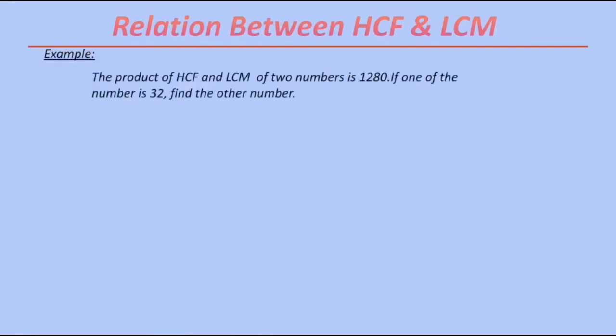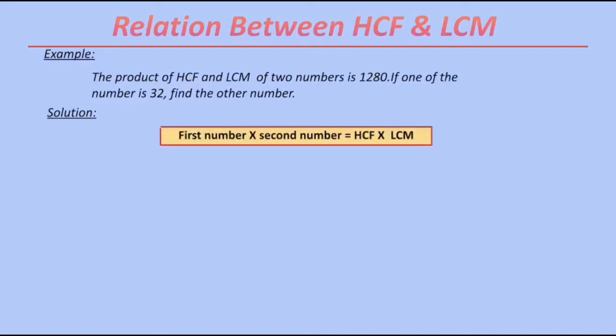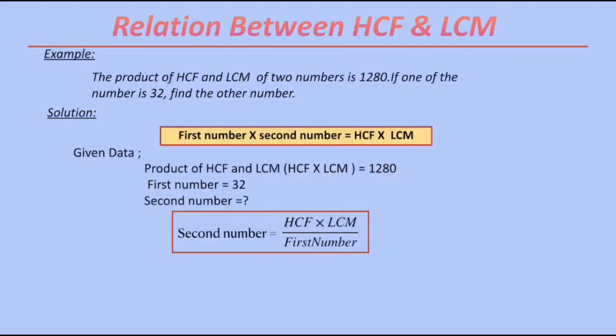Let us see another example. Here, the product of HCF and LCM of two numbers is 1280. If one of the numbers is 32, find the other number. Here the same formula we have to use, that is first number into second number is equal to HCF into LCM. First we need to write the given data.